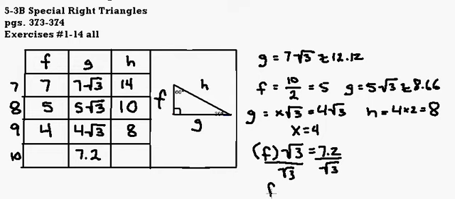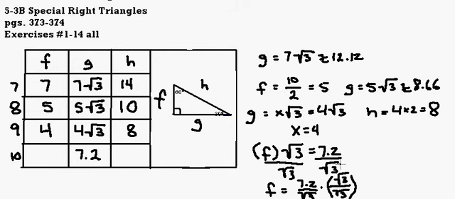So f then is equal to 7.2 over the square root of 3. And again, if I'm trying to find the simplest radical form, I'm going to multiply this by a form of 1, which is simply going to be the square root of 3 over the square root of 3.